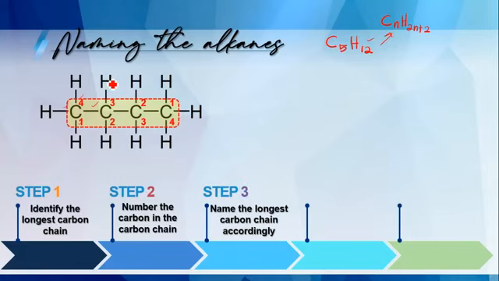Number 3, name the longest carbon chain accordingly. If you can see from here, we have 4 carbons, which is our longest chain. What does carbon chain mean? It is carbon that is connected to the other carbon. So that is actually a carbon chain. So 4 carbons.